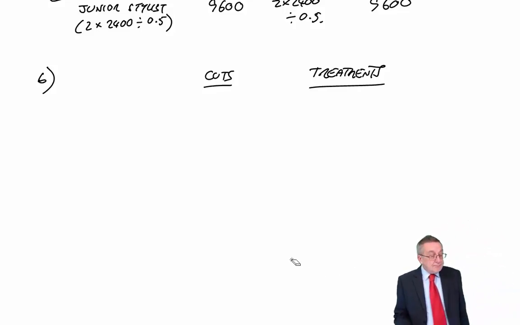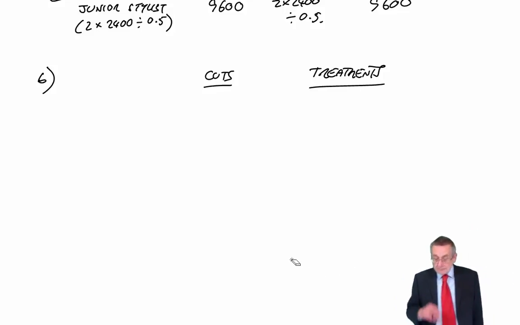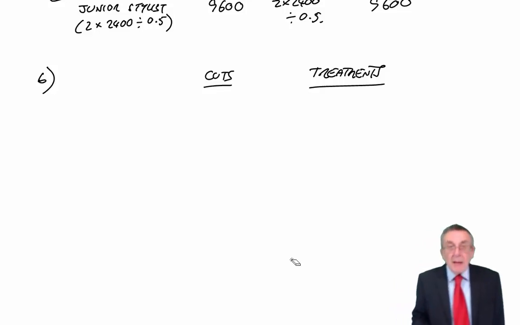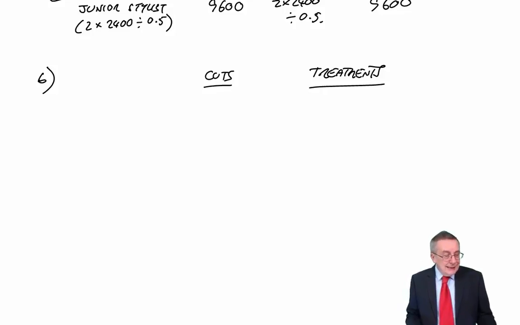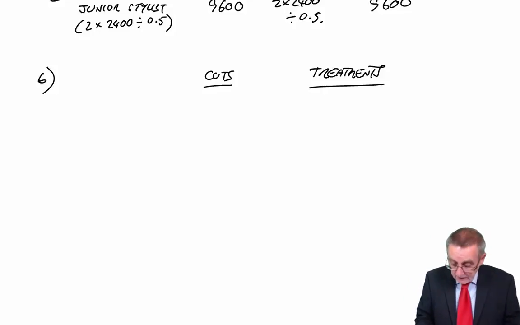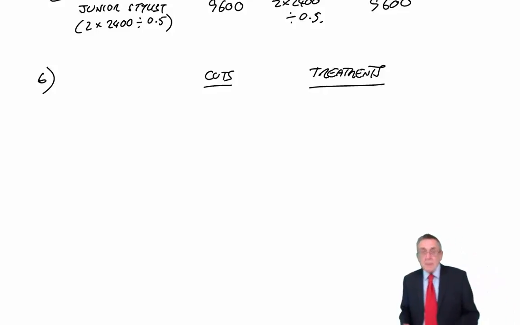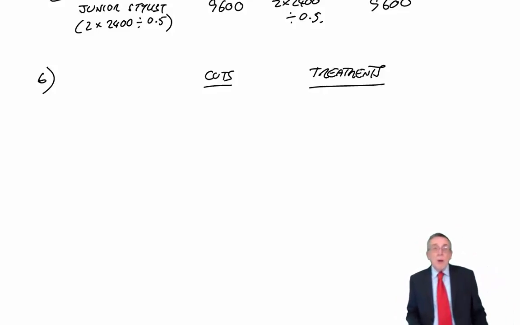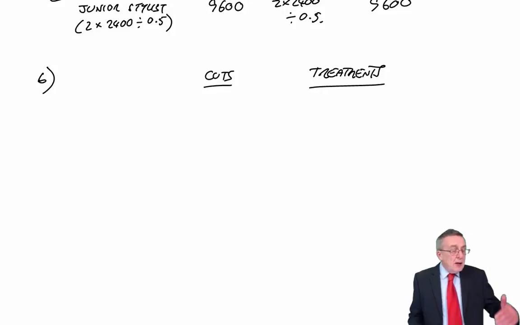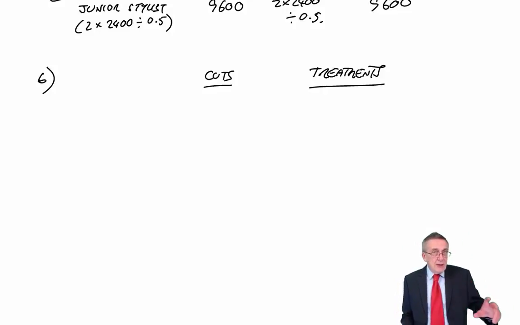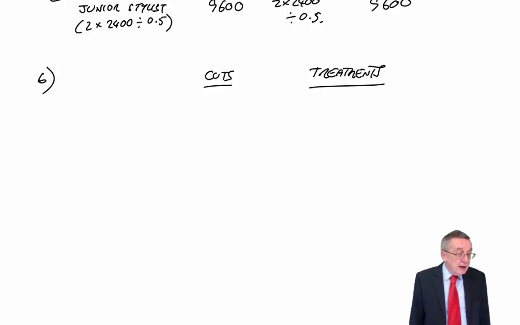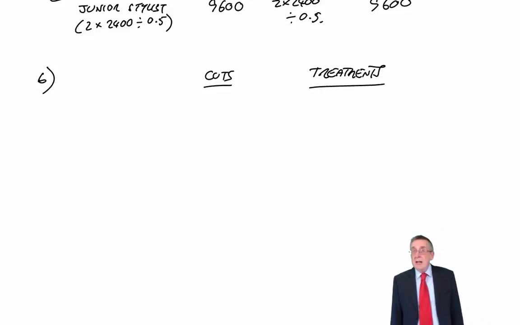And remember, when we're doing throughput accounting, first of all, we look at the contribution per unit for each product. Here they're not products, it's a service, but same idea, cuts and treatments. But we make that one big assumption in throughput, that the only truly variable cost is materials, that all other costs, which in other contexts we think of as variable, we regard in the short term as fixed.